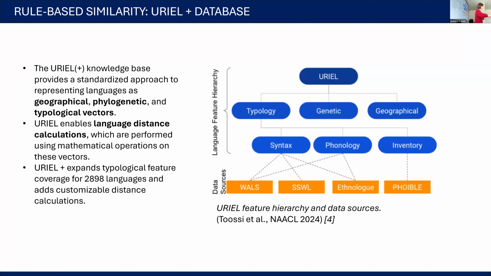And thanks to this information, it creates vectors that basically encode different features of that language. And once they're encoded into vectors, it's very handy because we can do mathematical operations on them. So URIEL divides into typology, genetic, and geographical information. And then the typological one can also be split into syntactic, phonological, and inventory, that is basically phonemic inventory.